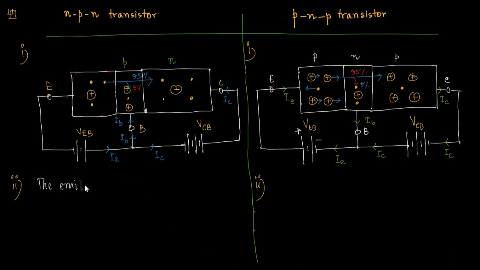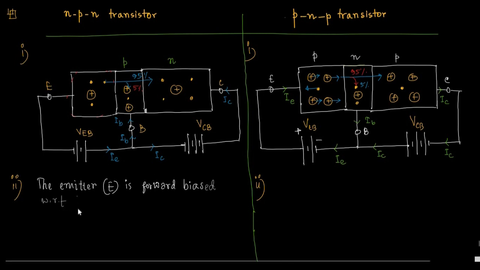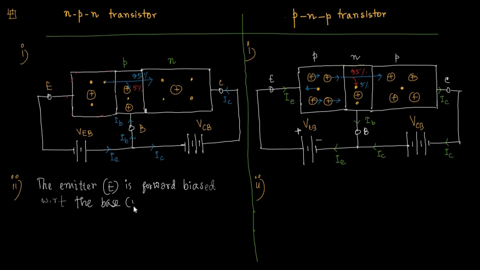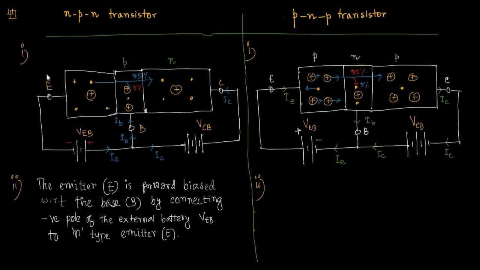The emitter E, that is N-type emitter E for NPN transistor, is forward biased with respect to P-type base B by connecting the negative pole of the external battery of EMF VEB to the n-type emitter.